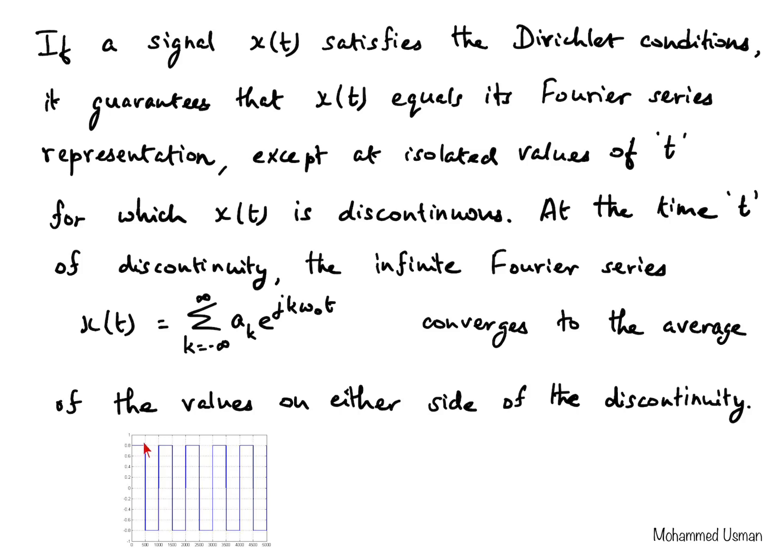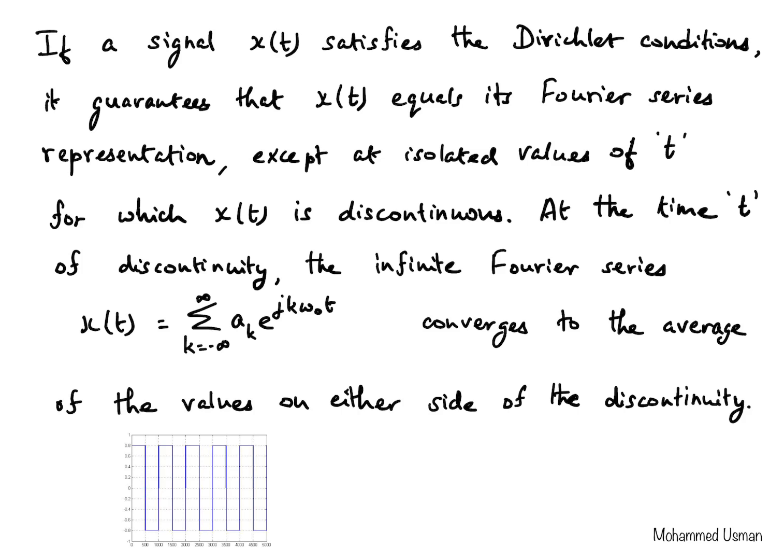on either side of the discontinuity. On either side of the discontinuity, the value is plus 0.8 and minus 0.8. If we take the average of these values at this instant of time, the average of plus 0.8 and minus 0.8 is basically 0.